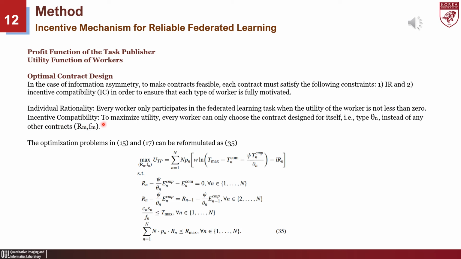Incentive compatibility: to maximize the utility, every worker can only choose the contract designed for itself. That means the type-θn worker chooses its own contract instead of any other contract. The optimization problem in equations 15 and 17 can now be formulated as an optimization problem in equation 35.